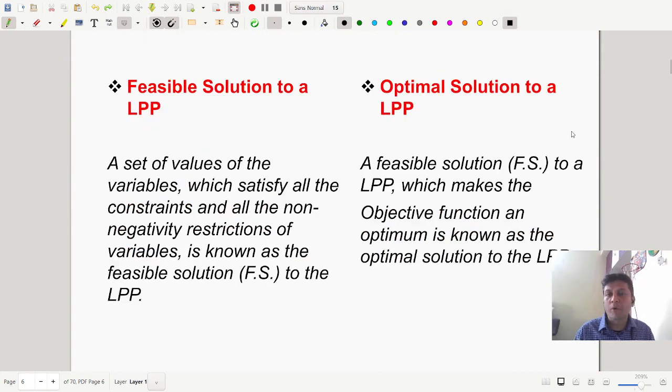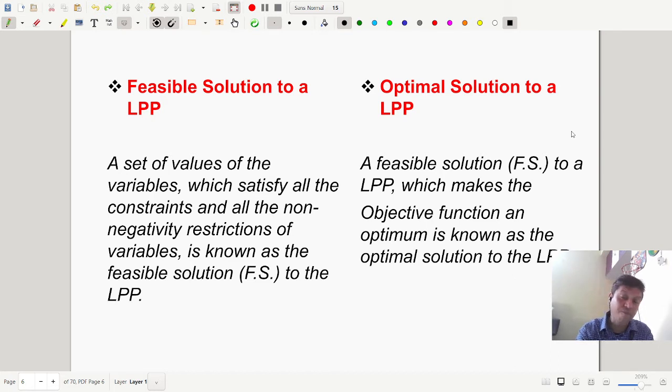Now I will talk about feasible solution. What is a feasible solution and what is an optimal solution to an LPP? These are very important terms related to LPP. A set of values of the variables which satisfy all the constraints and all the non-negativity restrictions of variables is known as the feasible solution to the LPP.